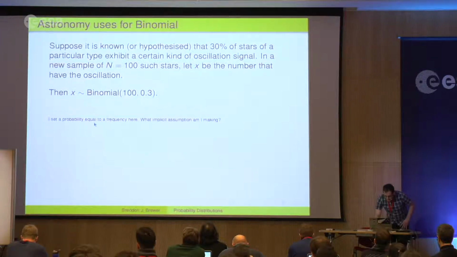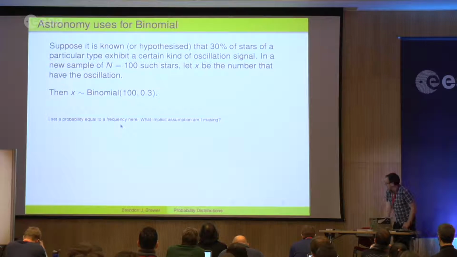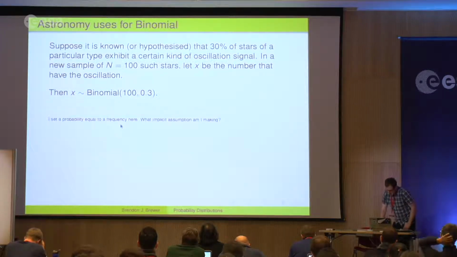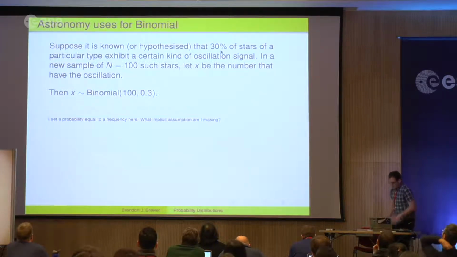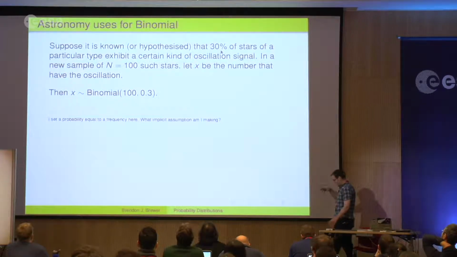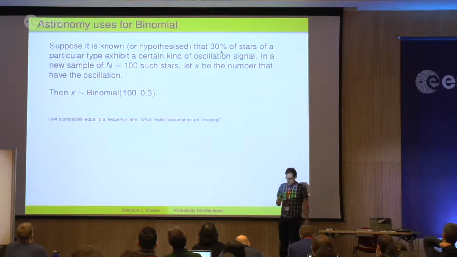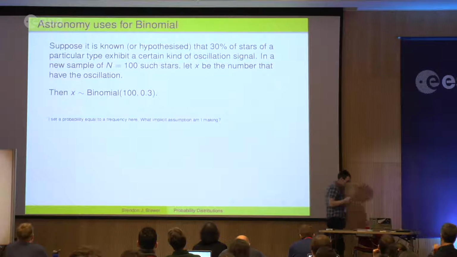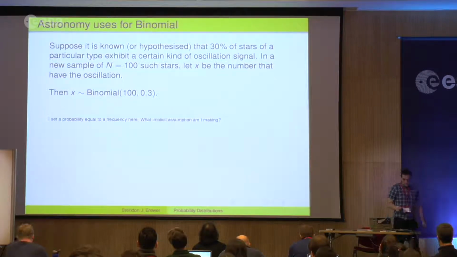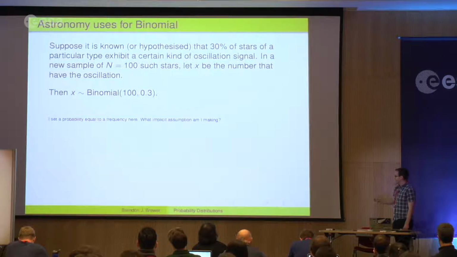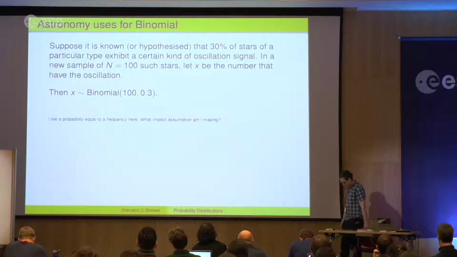Also, I said in this little note, and this is again my little obsession, that the assumption in the sentence is that there's a certain frequency of a population that has a certain property, and I just assumed that the probability that stars in my sample would have that property is equal to the frequency with which stars in general have that property.